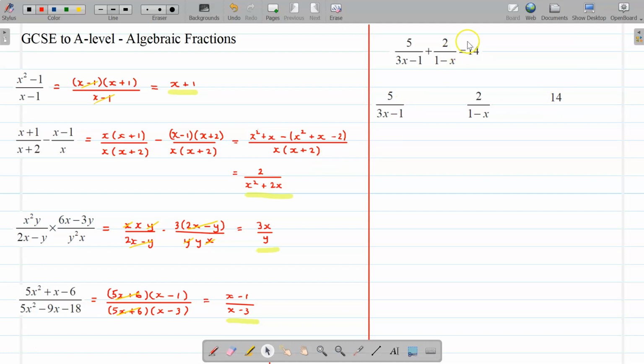So what I'm going to do here is essentially I'm going to find a common denominator for all 3 terms here. That one, and the 14. The lowest common denominator is going to be 3x minus 1 times 1 minus x. So this is the process that's actually going on.